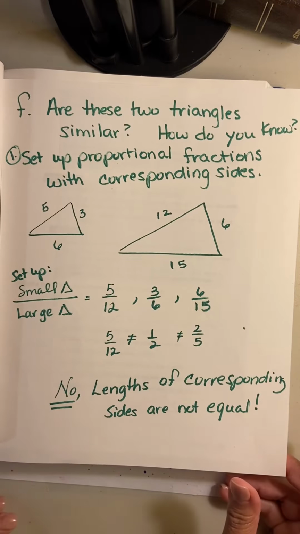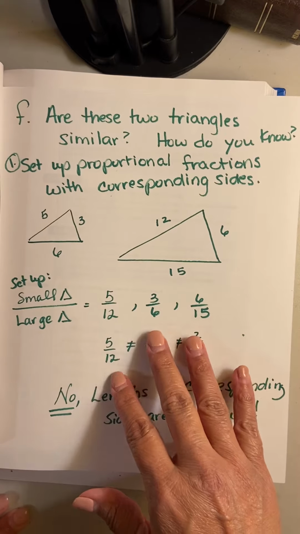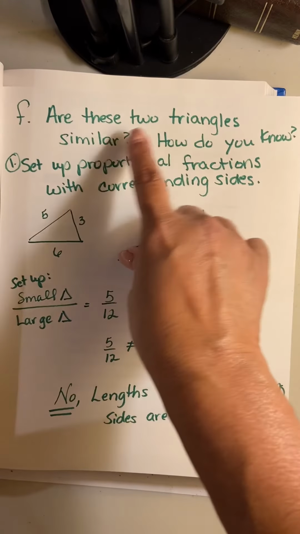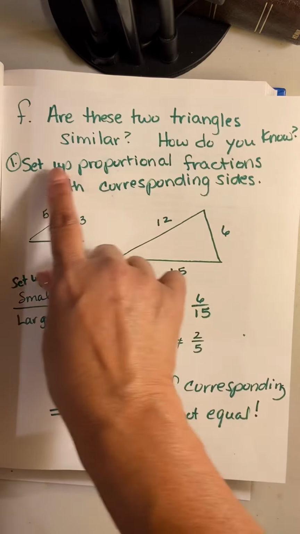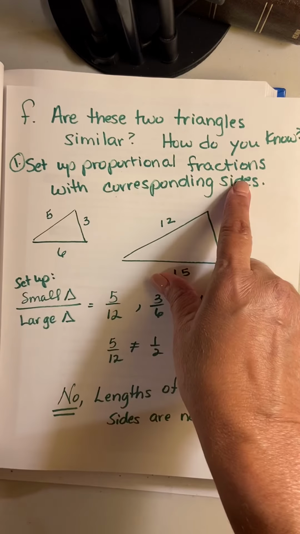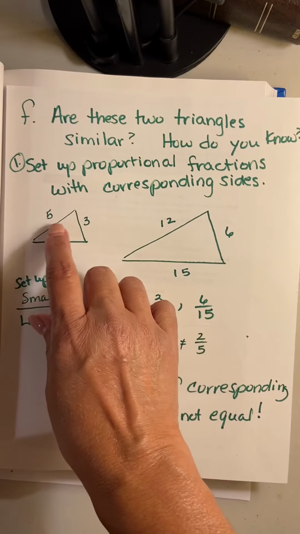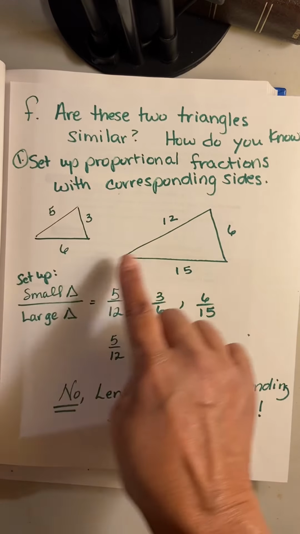Let me make sure it's in your book so you get the whole picture, because sometimes it comes out cut off. It says, are these two triangles similar and how do you know? So you have to set up proportional fractions with corresponding sides. I said, here's my small triangle, here's my large triangle.